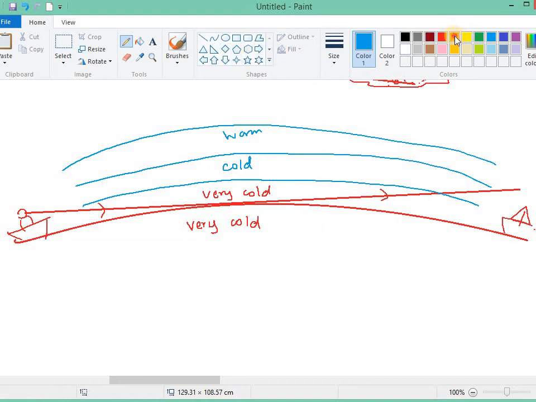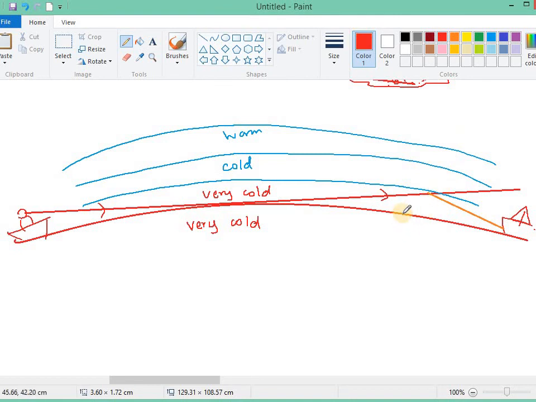So what happens is, light from this ship, when it goes here, goes from very cold air to cold air.